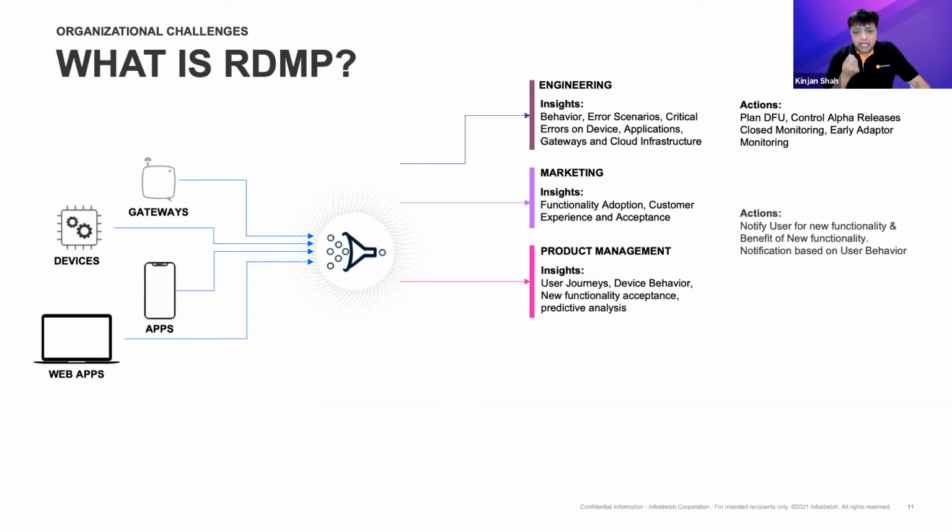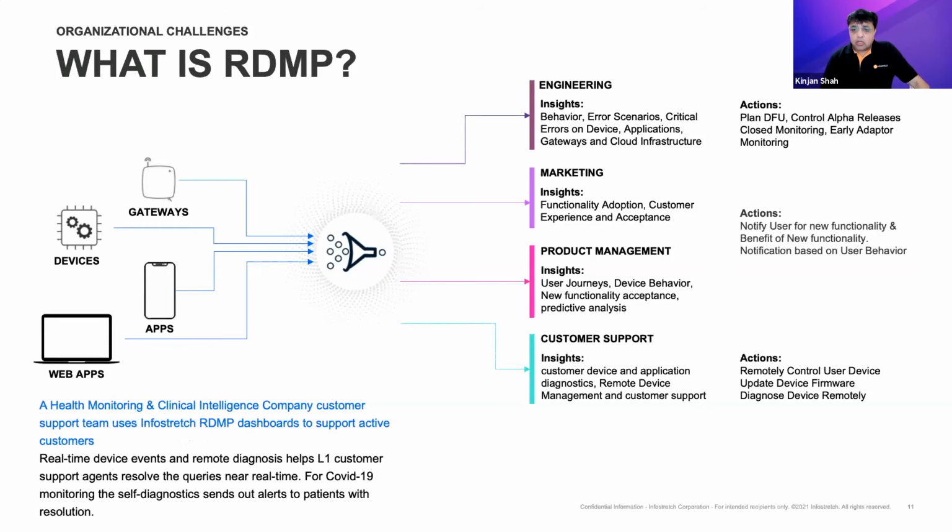And the next one is more the customer support teams, because when a customer is calling in, they only say, okay, your device is not working, or I'm doing this and this, and your device is kind of not giving me correct data or whatever. That's the kind of input that we receive, and from there they have to diagnose what is going on.